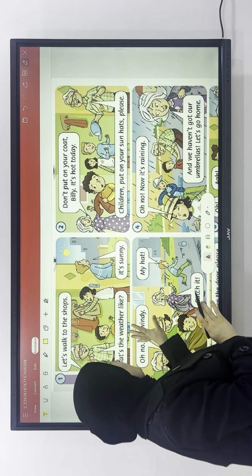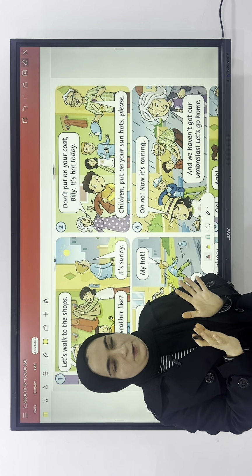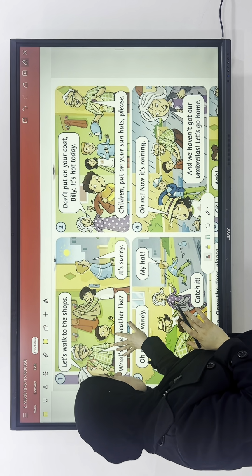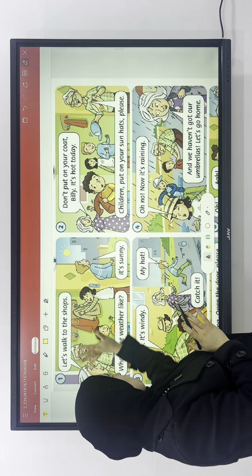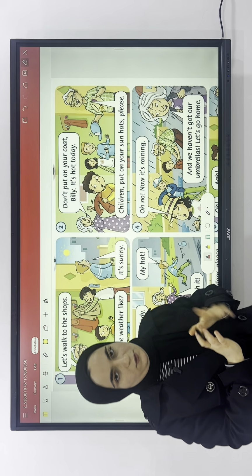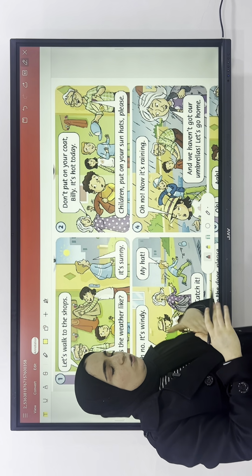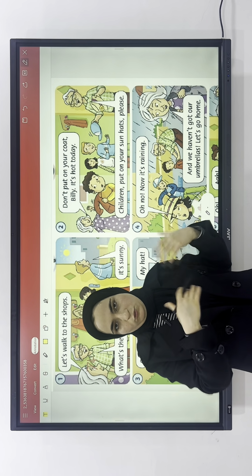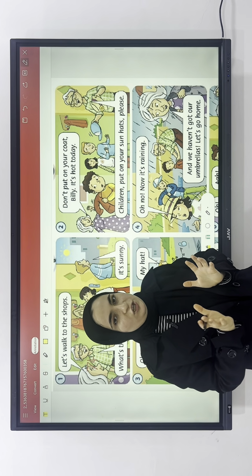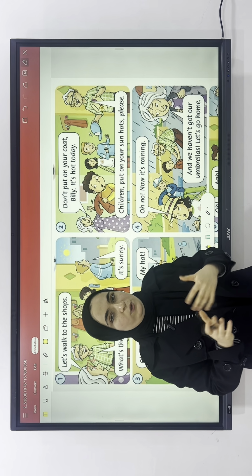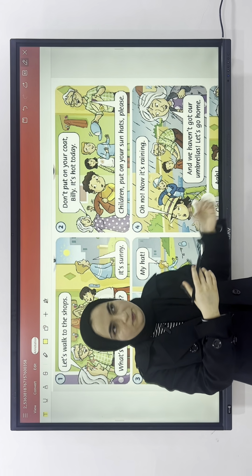We have 5 characters in this reading, okay? Billy, Rosie, Tim, and their grandmother and grandfather. They talk about the weather. They want to go outside, but the weather changes. Let's see how the weather changes when they go outside.